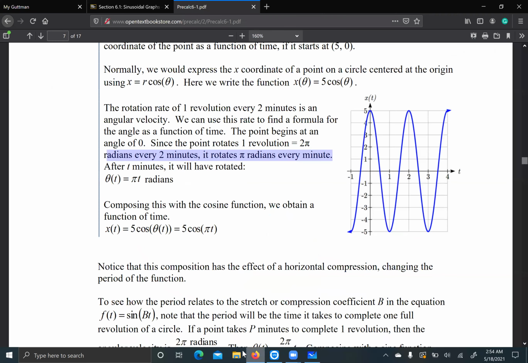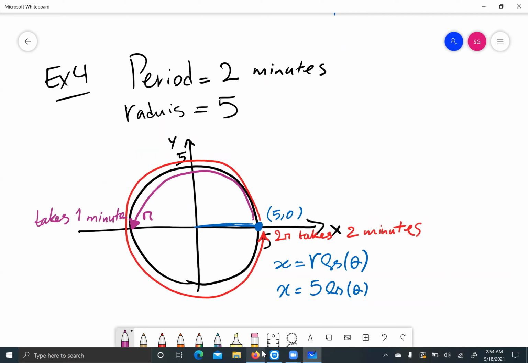So after 1 minute the rotation is pi. In general, after t minutes, any minute, the amount of rotation is a multiple of pi, so t pi or pi t.